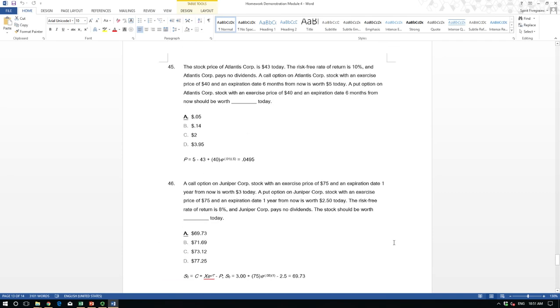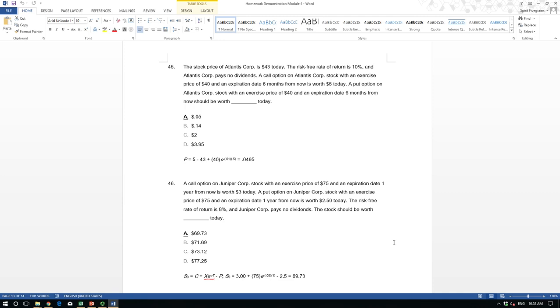Number 45, the stock price is $43, risk-free rate 10%, and a call option with exercise price of $40 that expires 6 months from now is $5. A put option on the same stock with exercise price $40 and 6 months to expiration should be worth what?